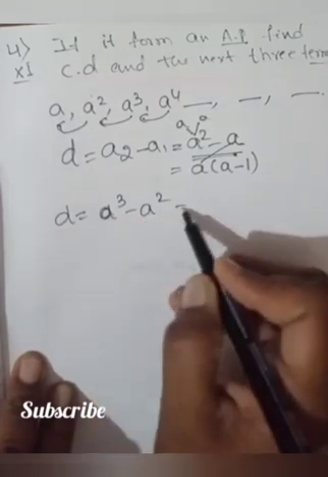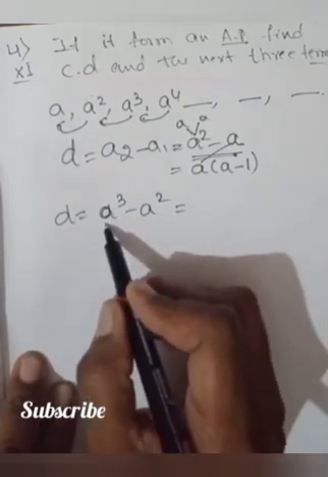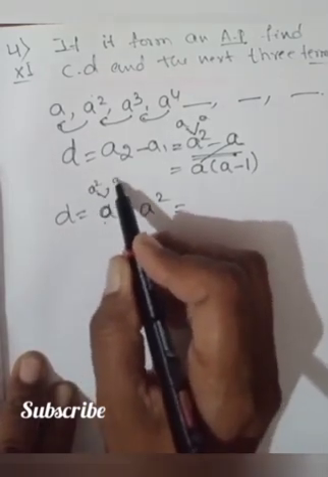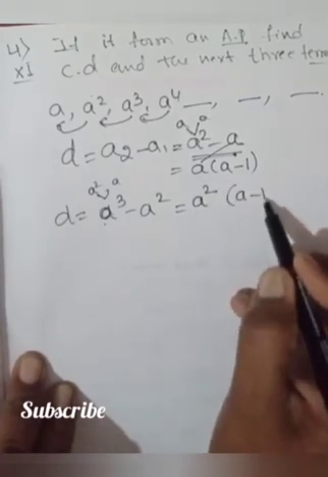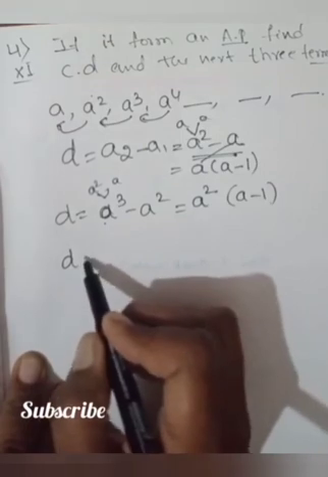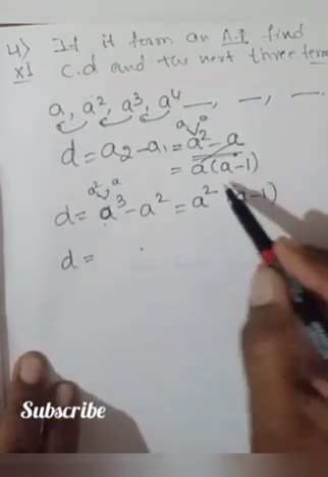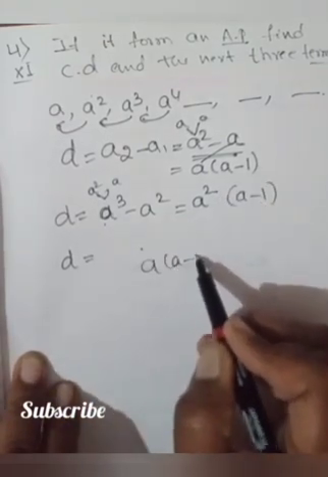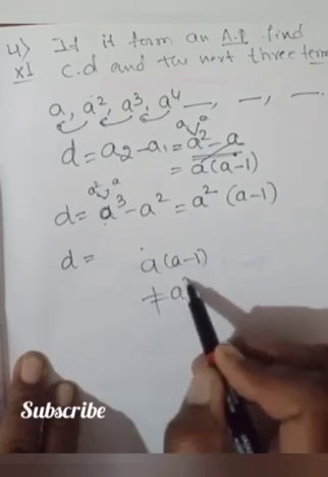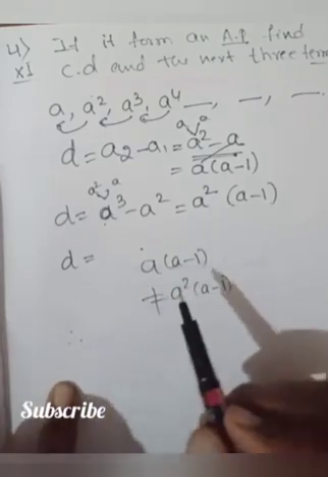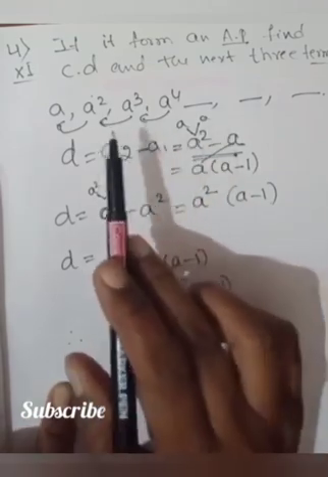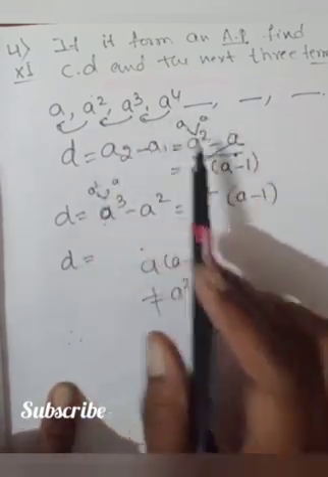See here, A cube means it has A square and also A. Here I can take A square outside, A minus 1. Next difference, not necessary to find that one, because A into bracket A minus 1 is not equal to A square into A minus 1. Therefore, the common difference is not the same. Therefore, the given series is not an AP.